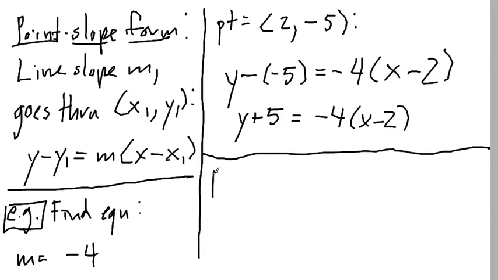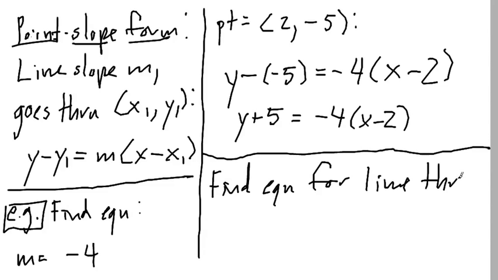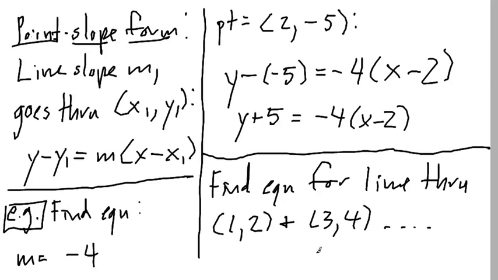So let's find the equation for the line that goes through, let's say 1, 2 and 3, 4. Well, I've only given us 2 points here. I haven't actually given us a slope. But we can find the slope if we know 2 points.